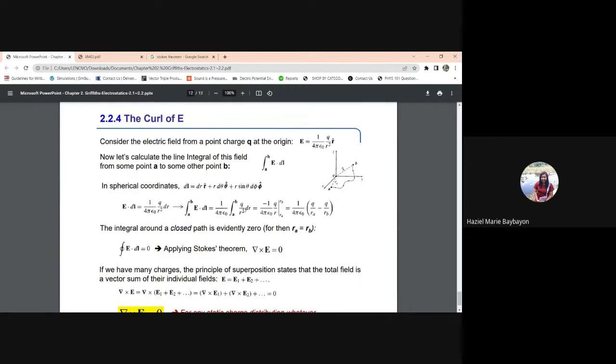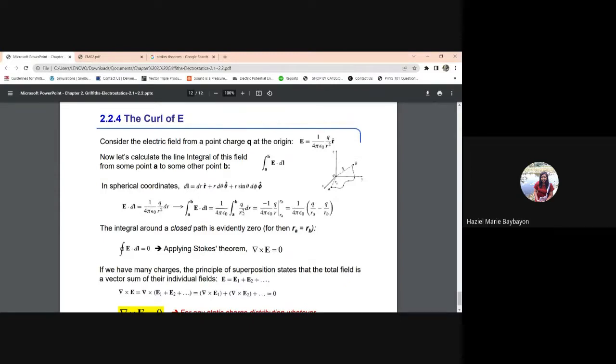So what is the integral? We can take Q out of the integral sign. So we will just integrate dr over r squared, whose integral is 1 over r. Okay, so you have the integral of r raised to the power of negative 2.